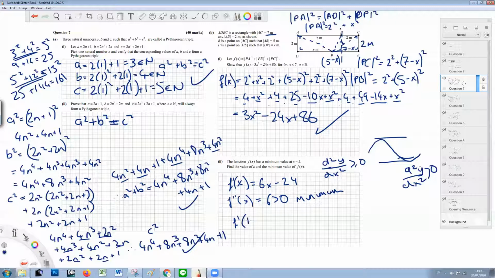So I'm going to say 6k minus 24 is equal to 0. So 6k is equal to 24. k is equal to 4.